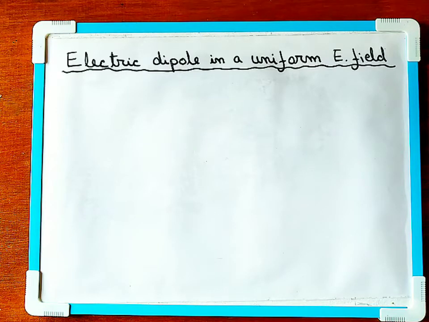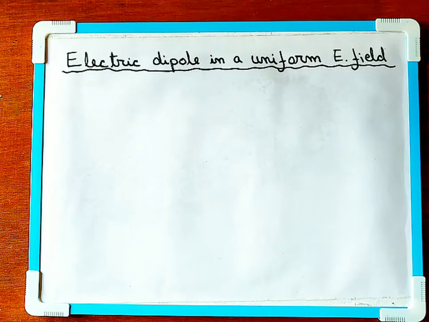Now we shall learn what will happen if we place an electric dipole in a uniform electric field. So you know what a uniform electric field is and how we represent it.